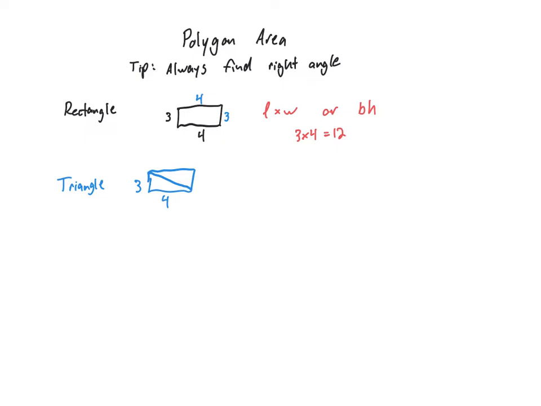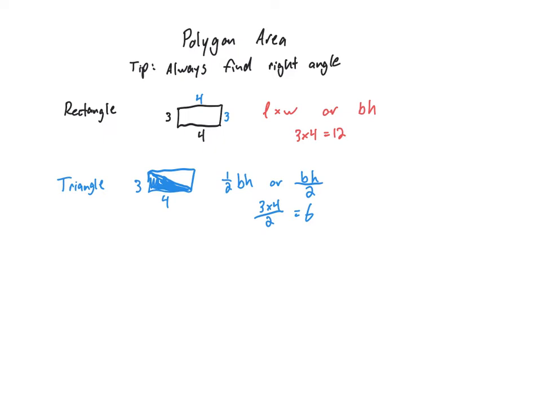Okay, so we know that one triangle then would be half of whatever the rectangle was, or whatever the parallelogram was. So the formula is half base times height, or base times height divided by 2. Okay, so this one would be 3 times 4 divided by 2, which is 6.